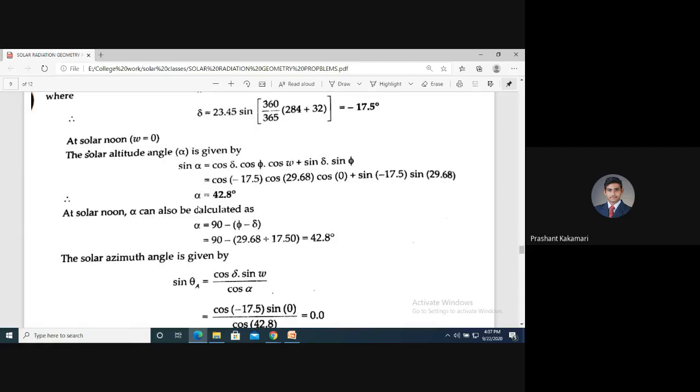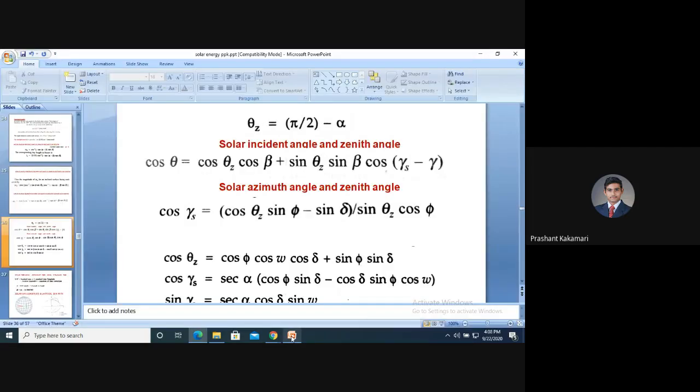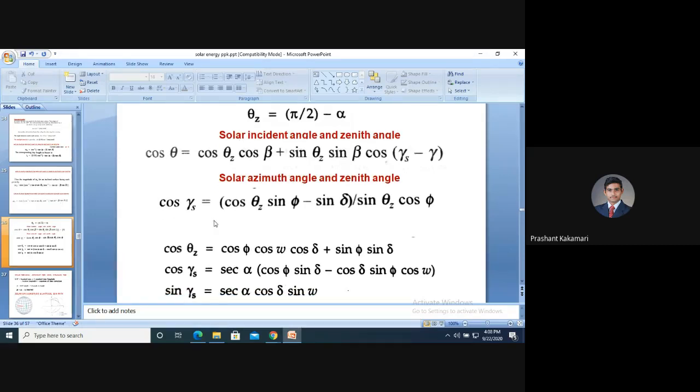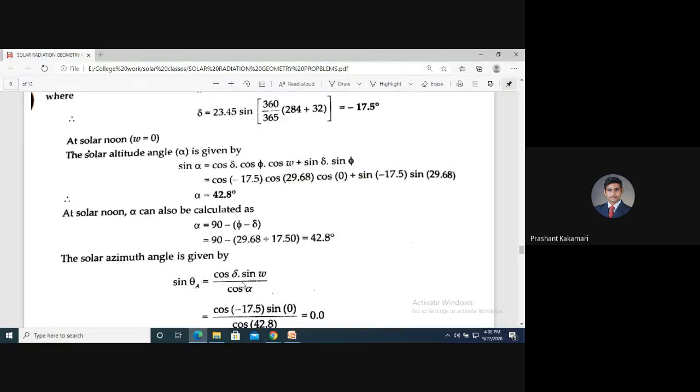Then they are finding the solar azimuth angle, that is, as per our notation, sine of gamma s here. Either you can go by this relation, cos of gamma s, or cos of gamma s at the below, secant alpha, or I can go by sine of gamma s using this alpha, delta, omega. So one, two, three relations are available as per our discussion. Or you can go by this relation also.